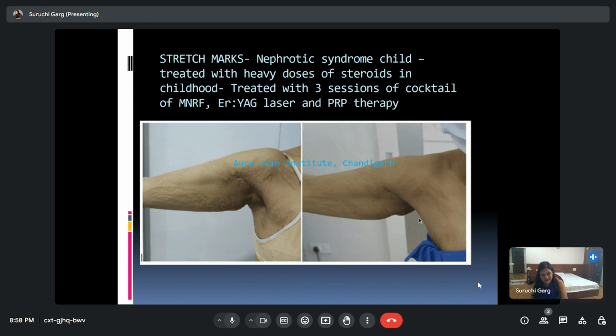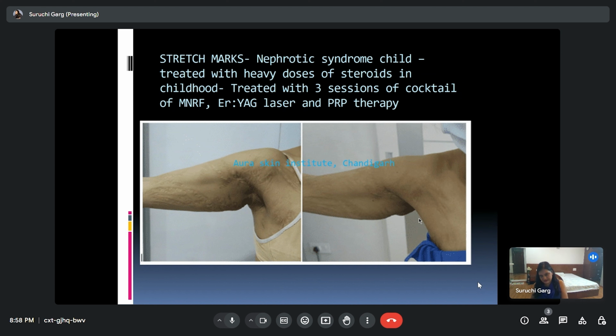Now this is another interesting case, a case of stretch marks. She had nephrotic syndrome as a child, and she came to me when she was 22 years of age. As a child, she was treated with heavy doses of steroids, and we took up 3 sessions of a cocktail of MNRF, erbium YAG laser, and PRP to revise her stretch marks.